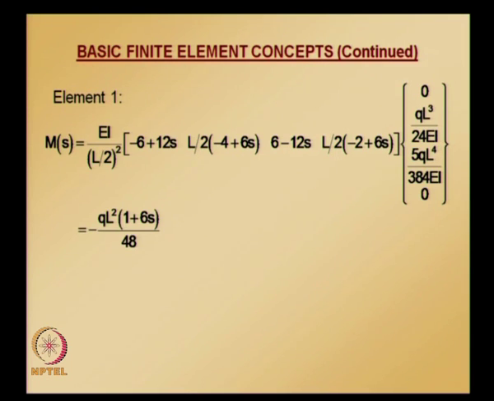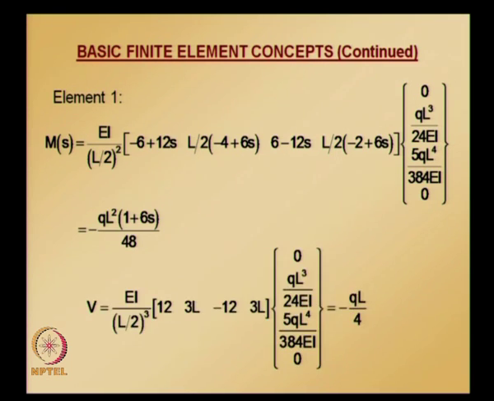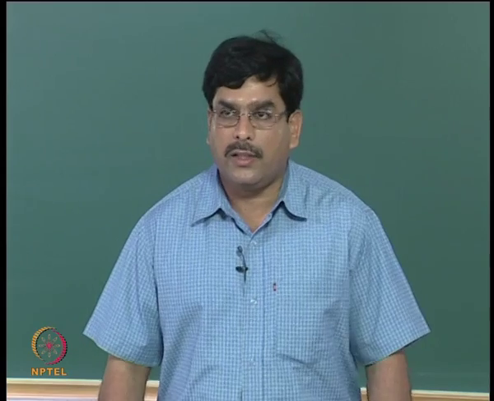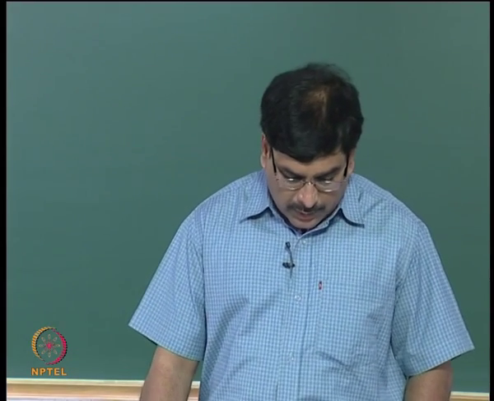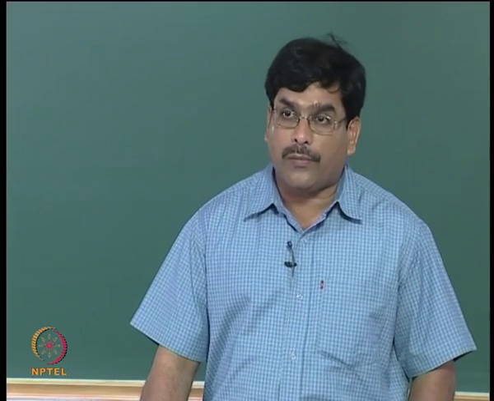Similarly, shear at any point along element 1 is given by this equation, which is constant everywhere along the element 1 length, and the value is equal to minus QL over 4.